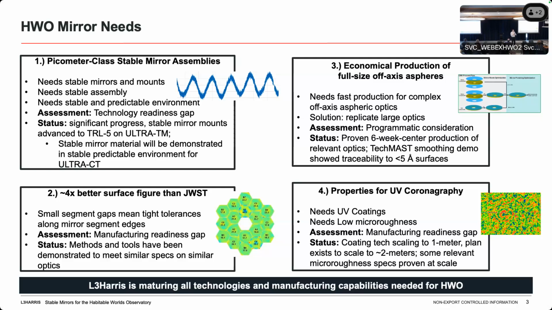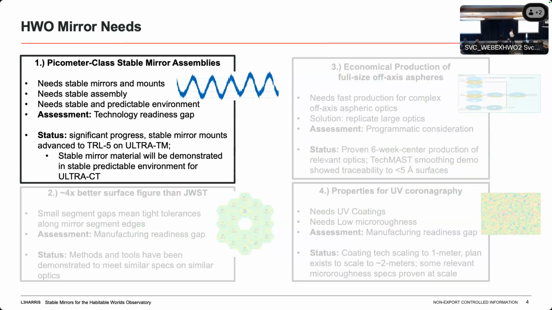And all that's to be done is to scale them up to 2-meter class and show that you can manage the uniformity on those larger optics, which we think is very achievable. So I'll dive into this first item, picometer class stable mirror assemblies.